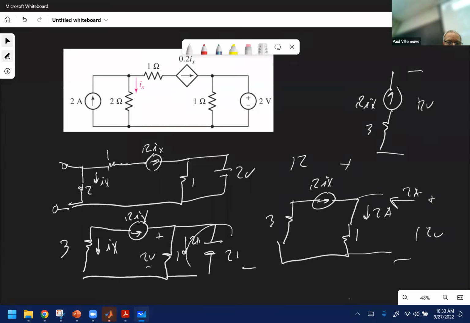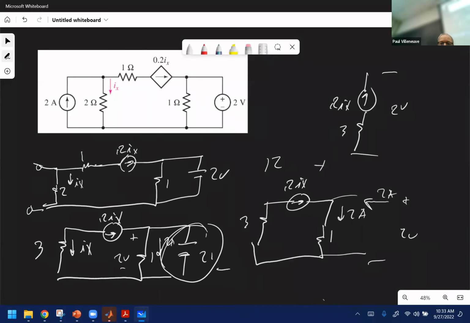Right here, 2 volts. Oh, 2 volts. So that's the question: if that's 2, then I've got 2 amps flowing through there. How can I solve the current? I've got the voltage. I don't have any other way.